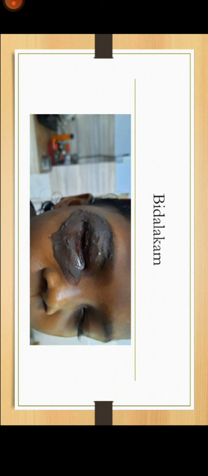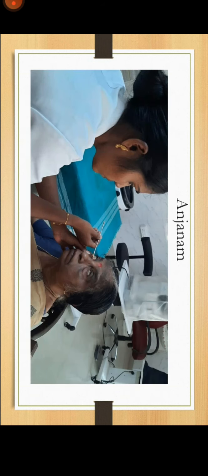Also, it should not be applied at night time. Mainly this procedure is done in Vatamagata Rogas. In refractive errors also it has some relevance because, as I told previously, there may be multiple chalazion. In that case, Bidalaka is very effective.